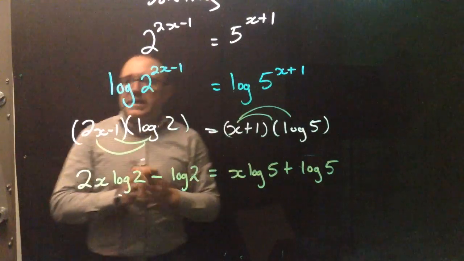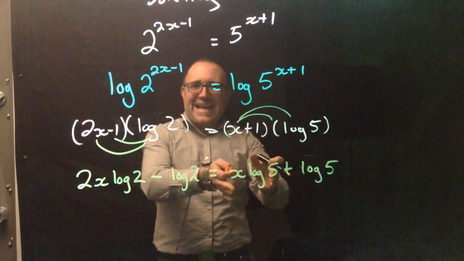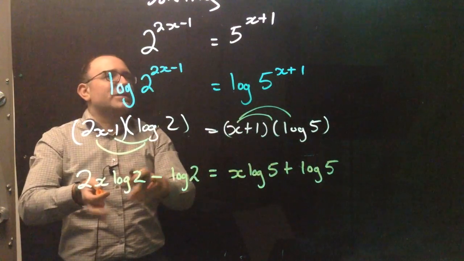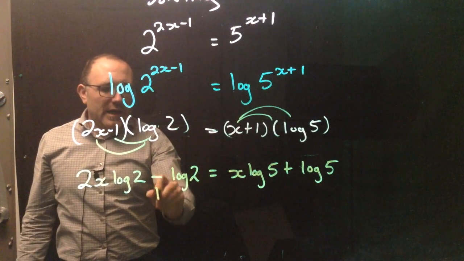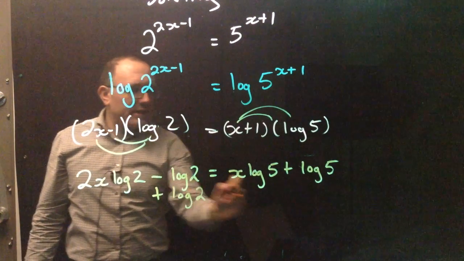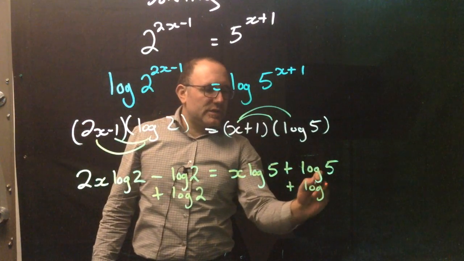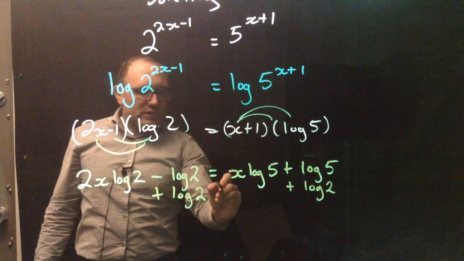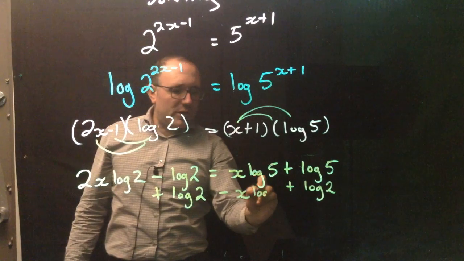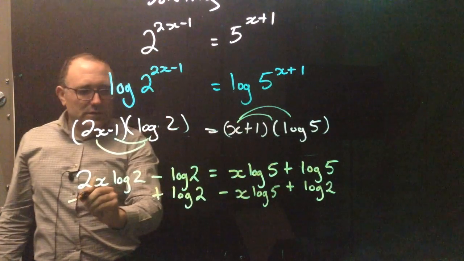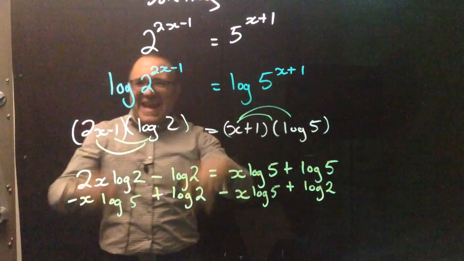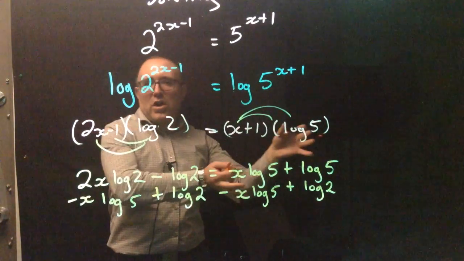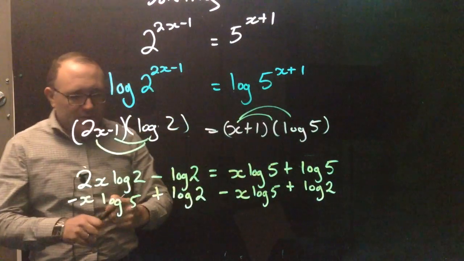So you want to isolate x, but first move the terms to the other side and factor it out. I'm going to add log of 2 on both sides, and at the same time get rid of the lower x. So now I'm going to have the x's on one side and all the logs by themselves on the right-hand side.